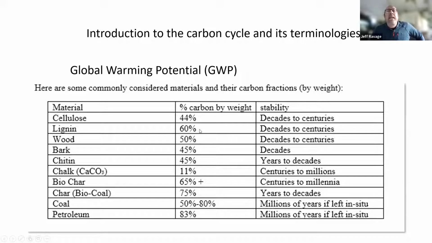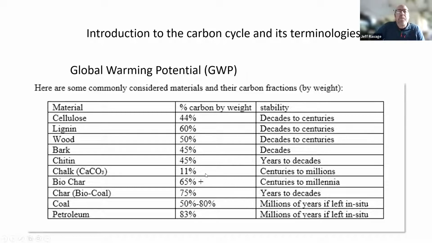And that's because lignin is 60% carbon and cellulose is 44. So you can see now, with lignin at 60%, why we might want to increase the amount of lignin that our soils maintain, because that is a stable carbon soil. Bark, chitin, which is the shells of insects, and also the fibrous mycelial bodies of fungus, is 45%.